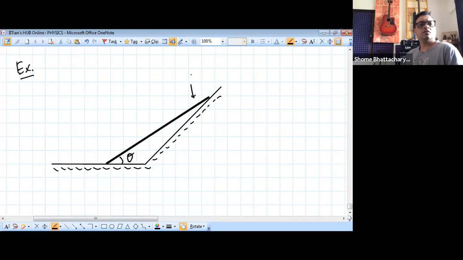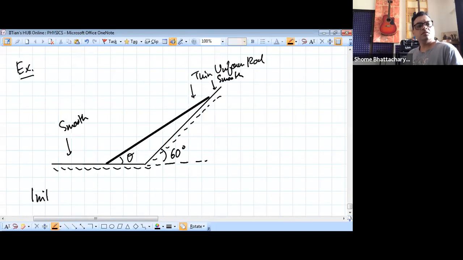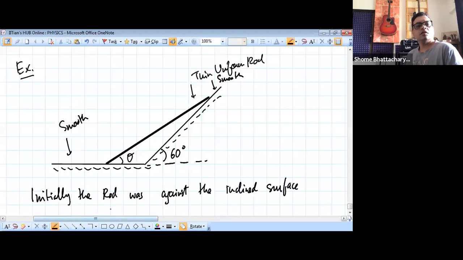Now this is a thin uniform rod. Now this is 60 degrees. Both the surfaces are smooth. So initially the rod was against the inclined surface and released from rest.